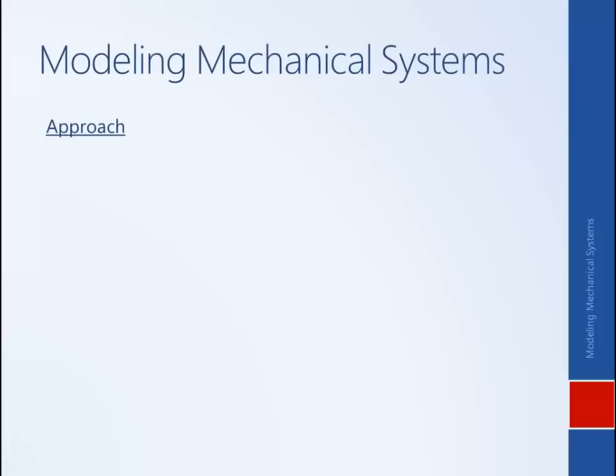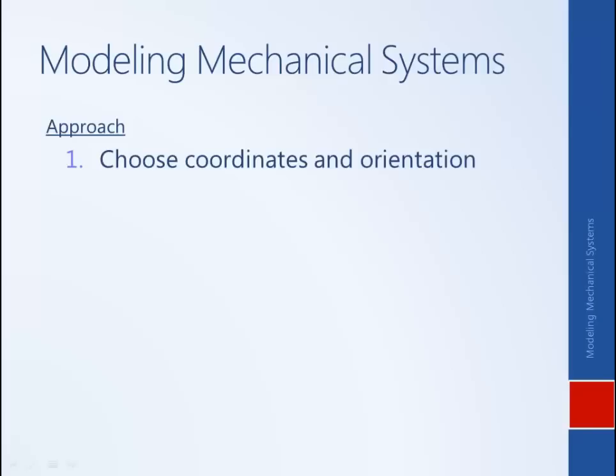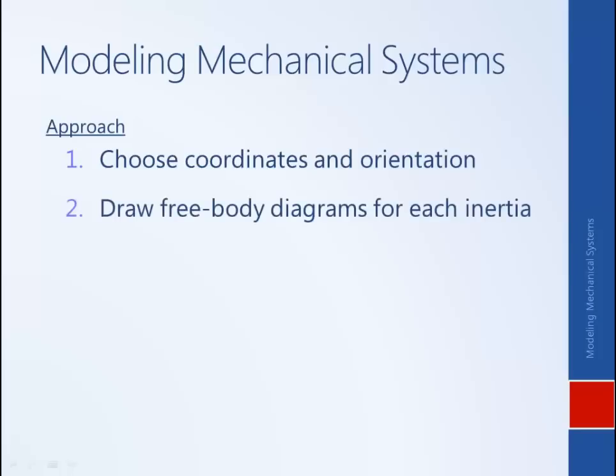In summary, when we want to model mechanical systems, i.e. when we want to generate the differential equations representing the mechanical systems, we're going to follow this approach. First, we're going to choose a coordinate system and an orientation. Then we're going to draw a free body diagram for each inertia. When we do that, we will note various assumptions, such as assuming viscous friction or assuming a linear spring.